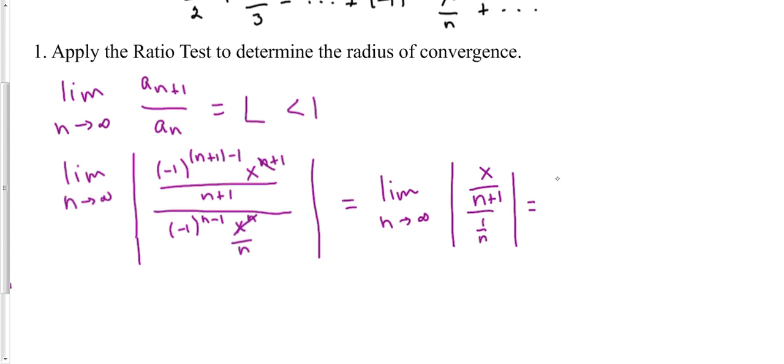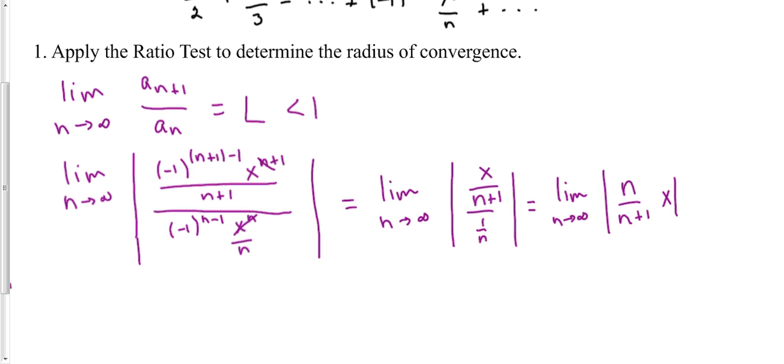And as we all know, the denominator of a denominator is going to be a numerator. So this is going to be the limit as n goes to infinity of the absolute value of n over n plus 1 times x.